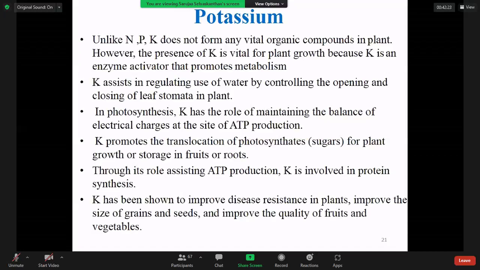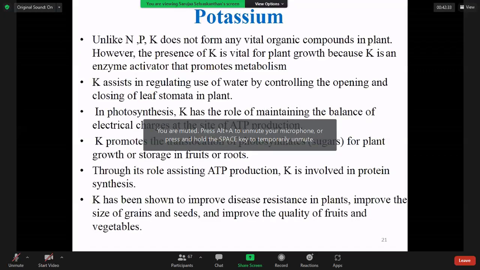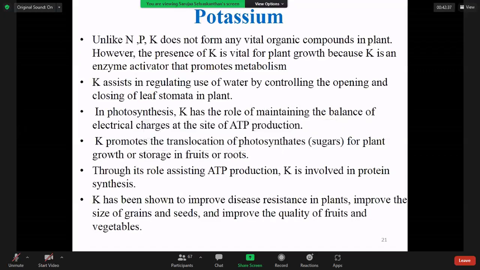So potassium has an influence on water regulation, and it also plays an important role in plant growth because it is an enzyme activator associated with stomata opening and closing. It promotes the translocation of sugars from photosynthesis for plant growth or storage in fruits or roots.